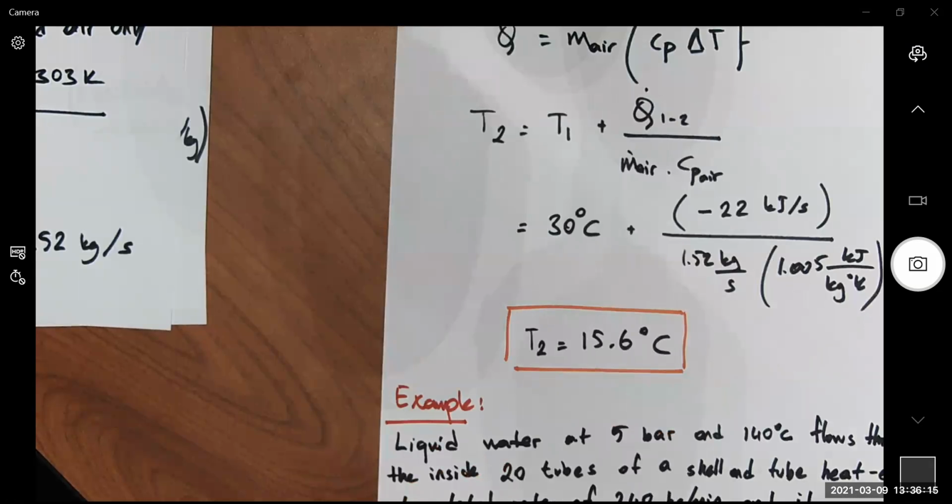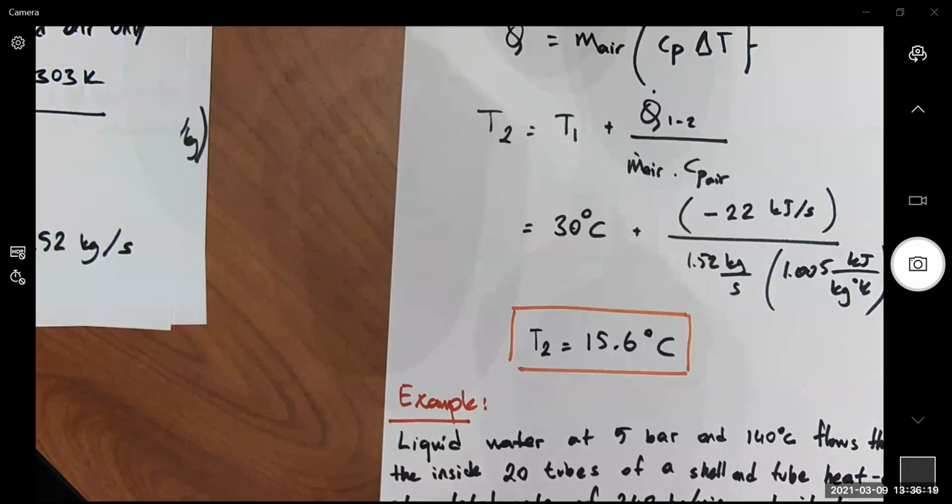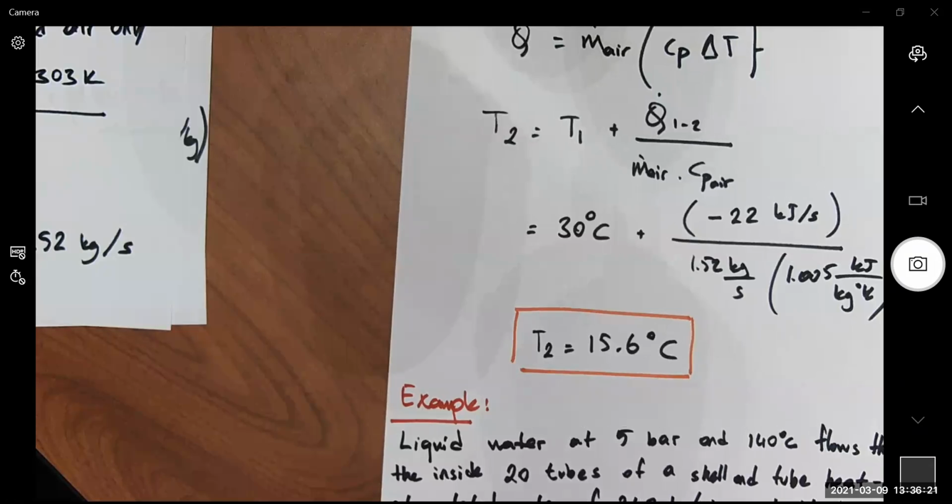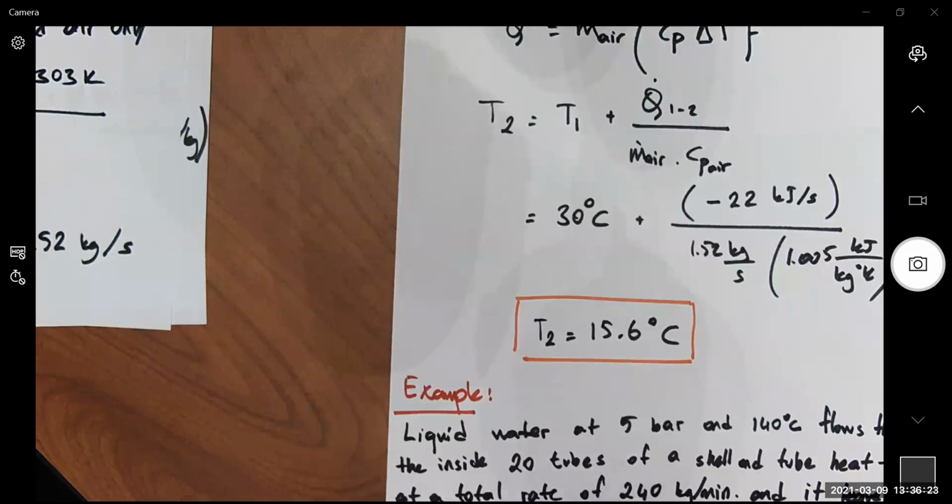And it leaves at 4.8 bar and 60 Celsius.